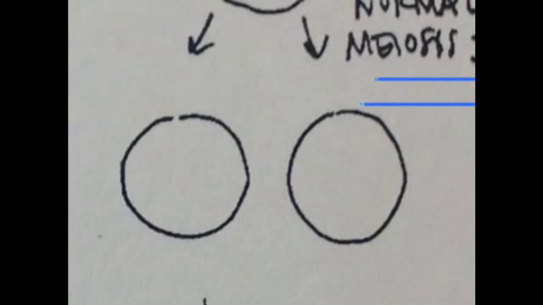And so that would mean that in this cell I have 19, 20, 21, 22, and X, and the same thing here.